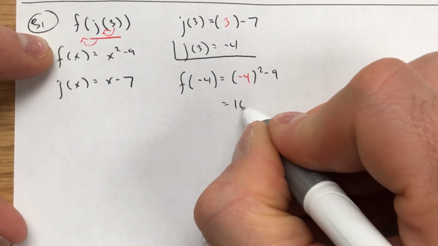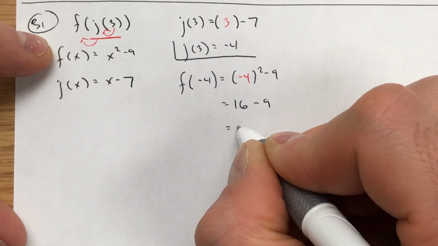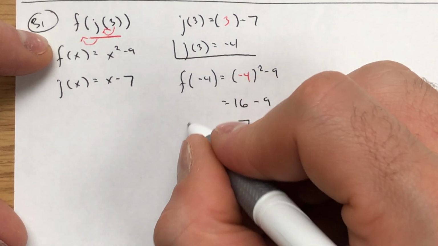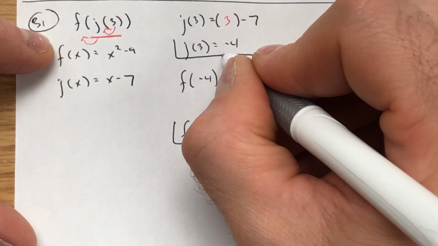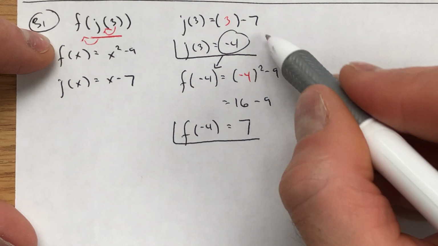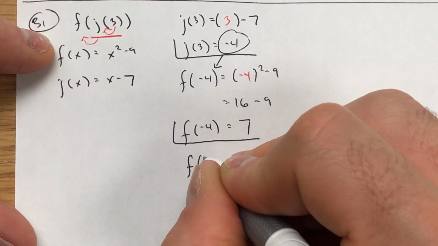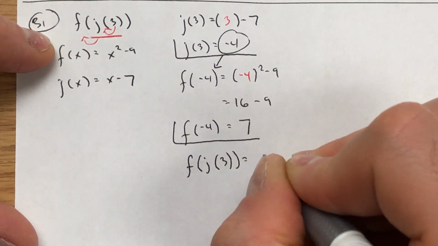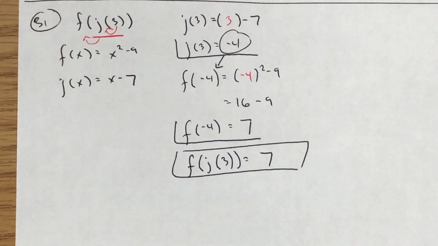Negative 4 squared is 16. 16 minus 9 is going to give me, let's see, 7. So I plug that in here, and then I evaluate that. And so my f of j of 3 is 7. Boom. There's number 31.